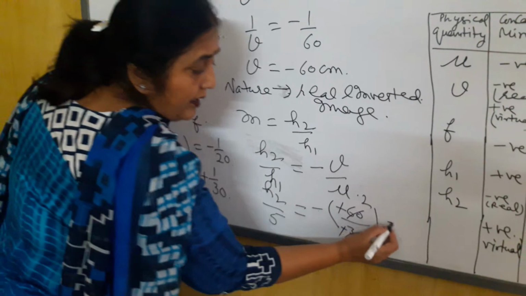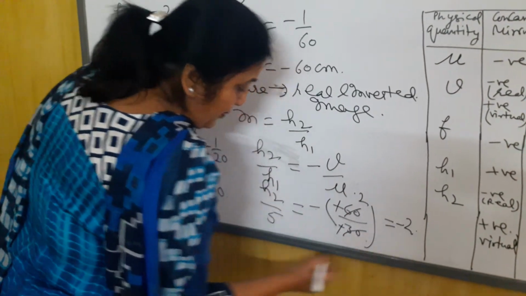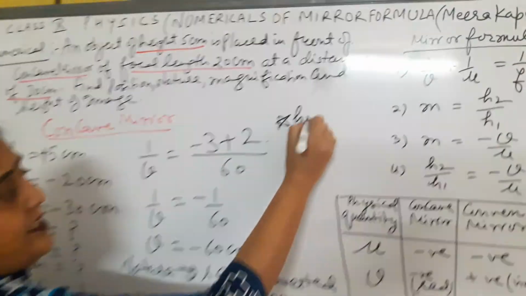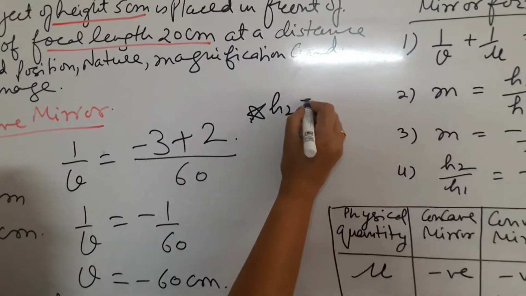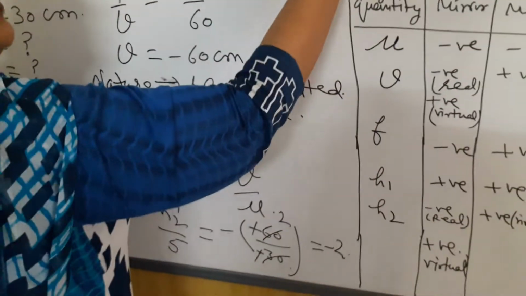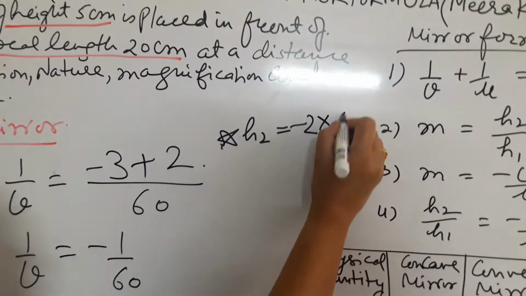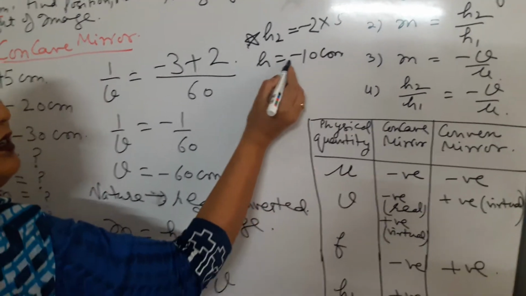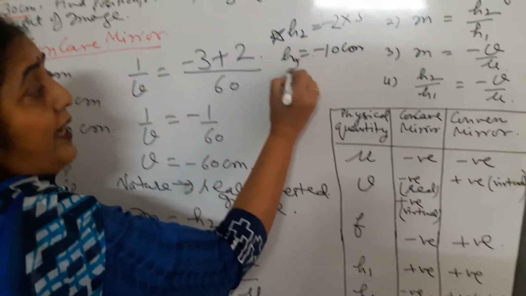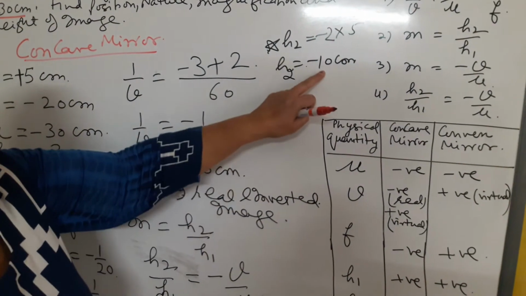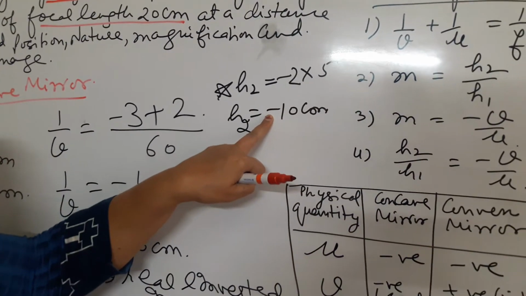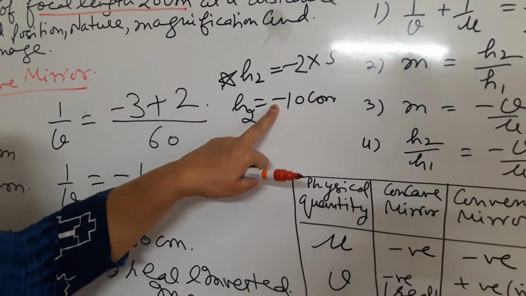Cancel this and it is minus 2. So h2 is equal to minus 2 into 5, minus 10 centimeter. Now height of the image is 10 centimeter, but this minus sign indicates that the image is real and inverted.